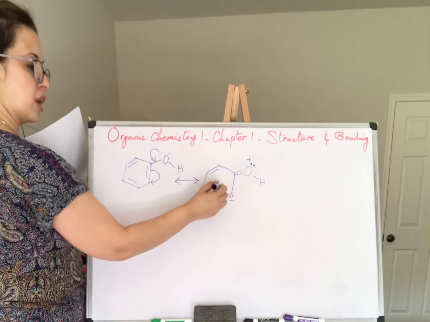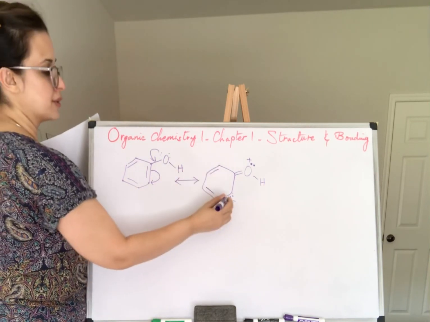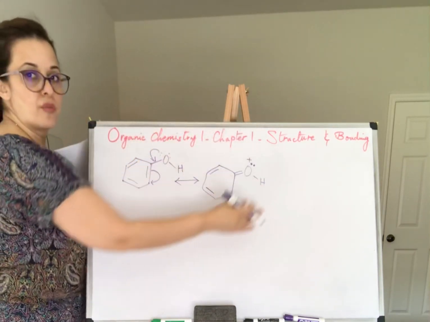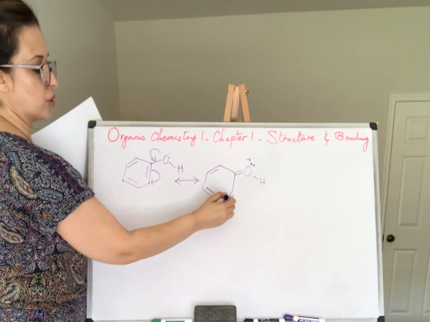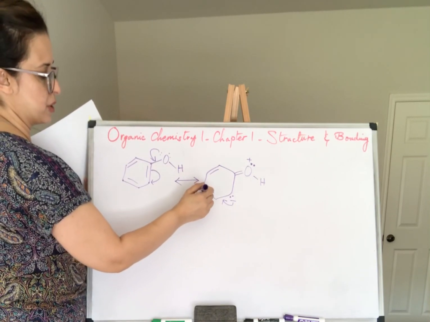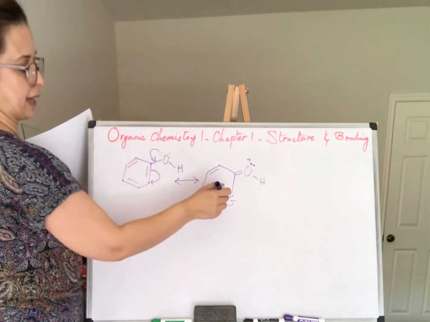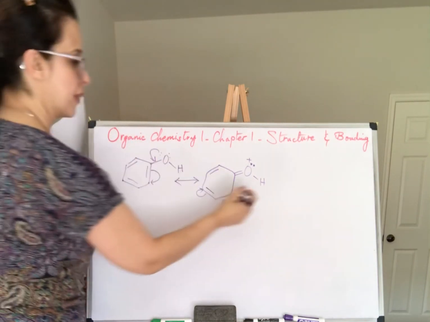And then because you still have more double bonds, the electrons keep moving around the circle, around the loop. So you have the same thing. Electrons go from source to target, source to target.